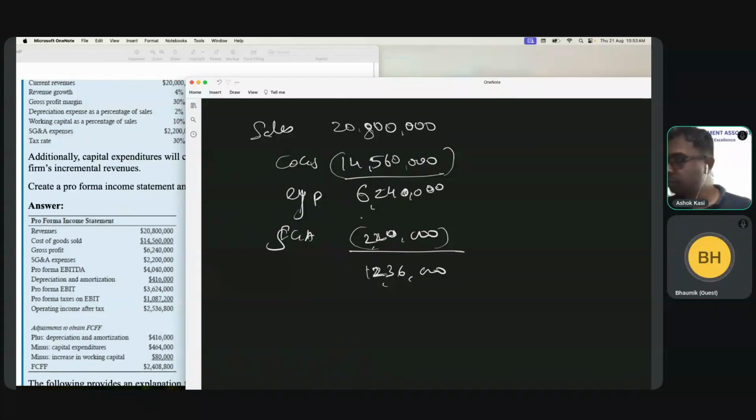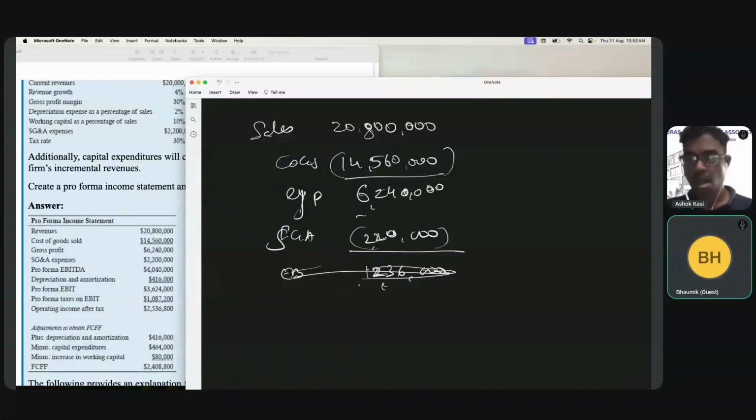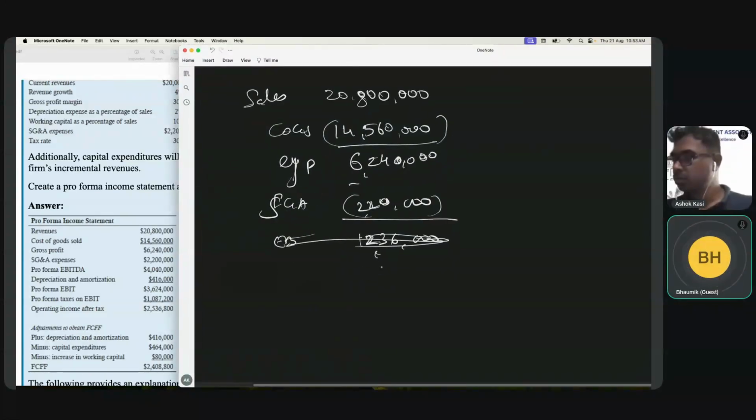You added or you subtracted? Subtracted. So it is 1.236 million. Sorry, I subtracted it from COGS. Calculate the entire number: 6,240,000 minus 220,000 is 6,020,000.